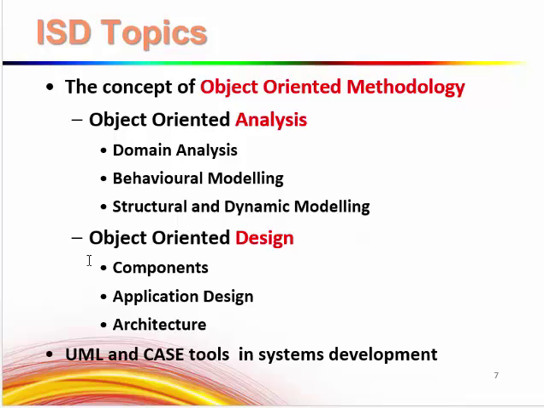The second part of OO development is object-oriented design. You understand the components of the system for application design and architecture design. The design phase is to identify design objects in order to deliver the logical and the physical model. The UML will be used to help the system development.